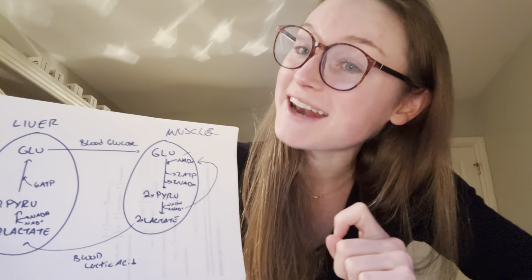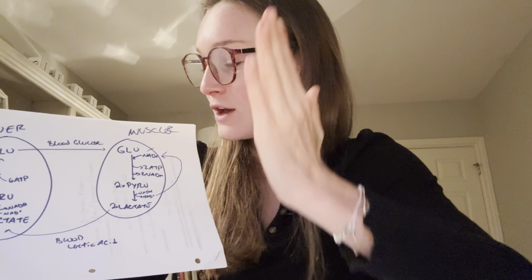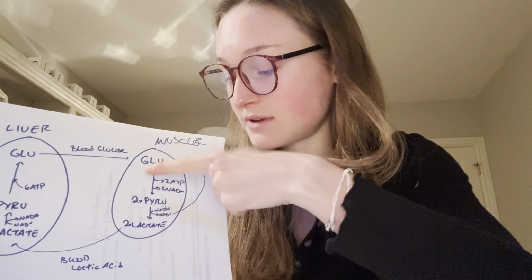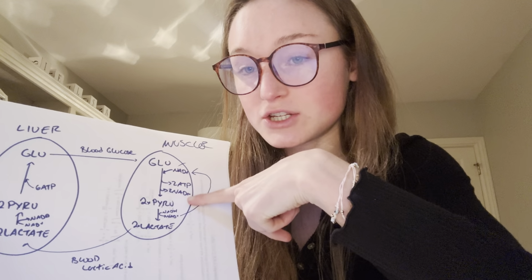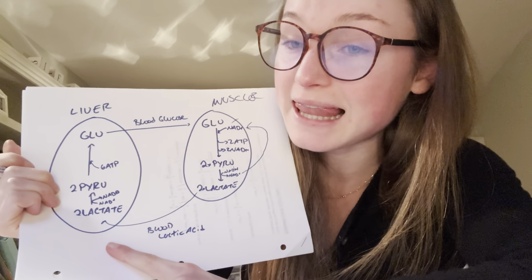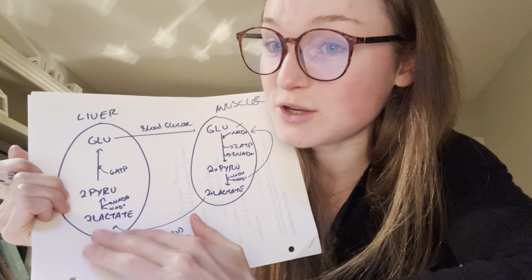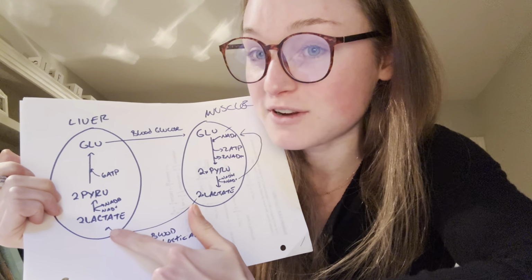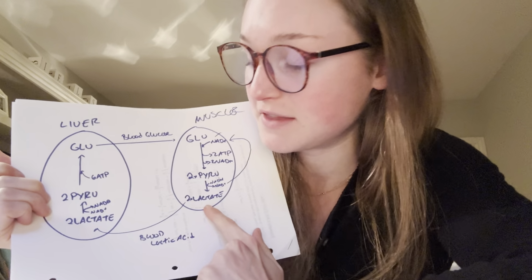So what's going to happen? The lactate synthesized in your muscle cell gets spat out into the blood, and it travels as blood lactate to your liver cell. Literally, what's happening over here is just a reverse of this.